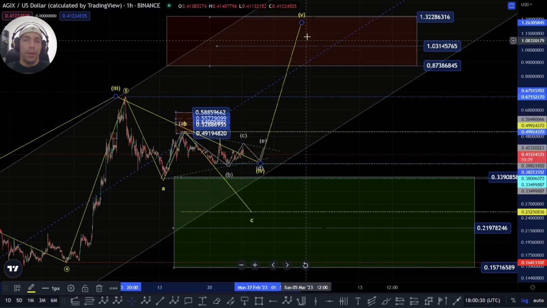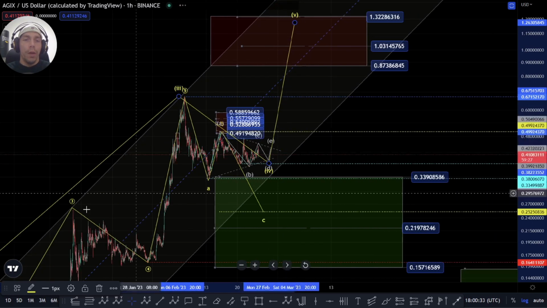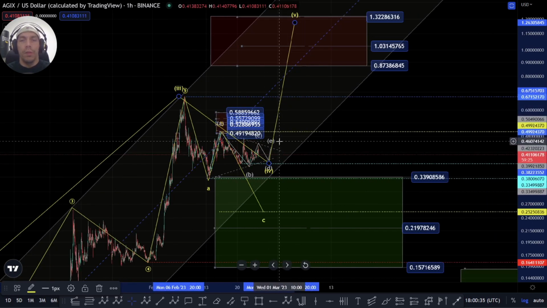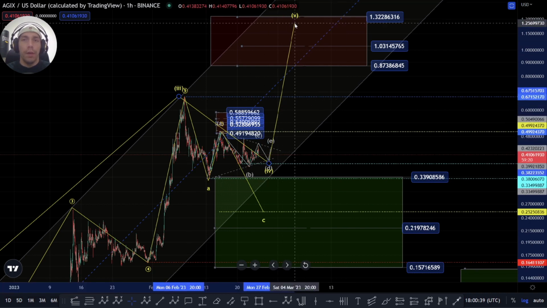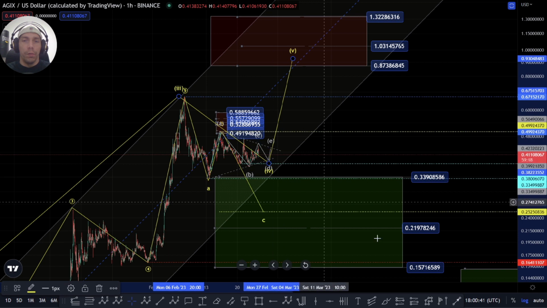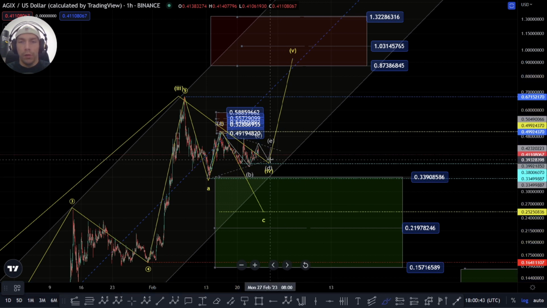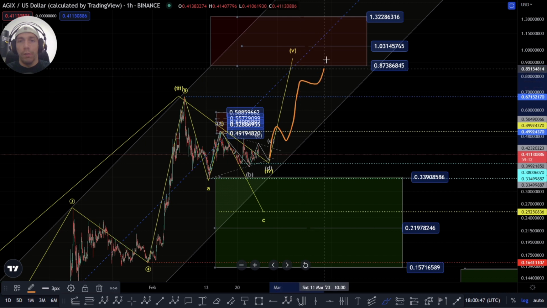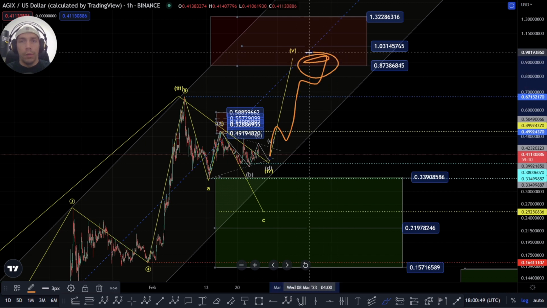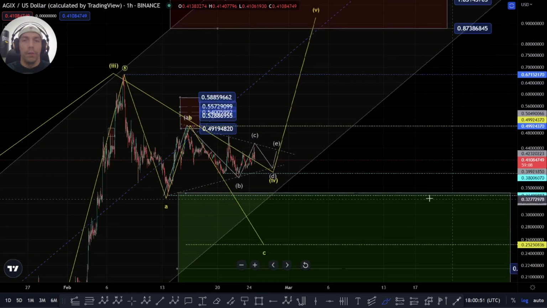We'll be able to get a better indication of how high this can go. We have had a strong wave 3 though, so we need to be aware that we could see a slightly truncated fifth wave here. We'll have to just let it play out and count the subwaves. Once we start to get that wave 1 and 2, we can start projecting that 3, 4, and then the fifth wave up, trying to pinpoint that target for the upside.